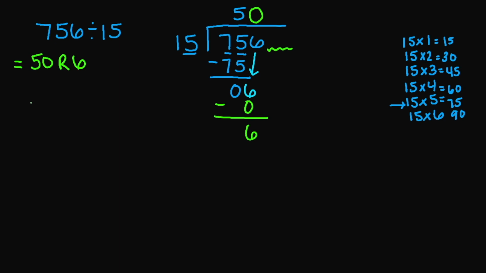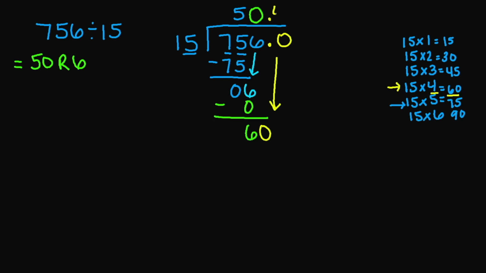Okay, but I'm going to go ahead and keep going and leaving my answer in decimal format. Since we already know 15 does not go into 6, I'm going to go ahead and add my decimal and my 0. Okay, I'm going to bring down my 0. 15 goes into 60 how many times? And that's going to be 4 times. 15 times 4, that's 60.